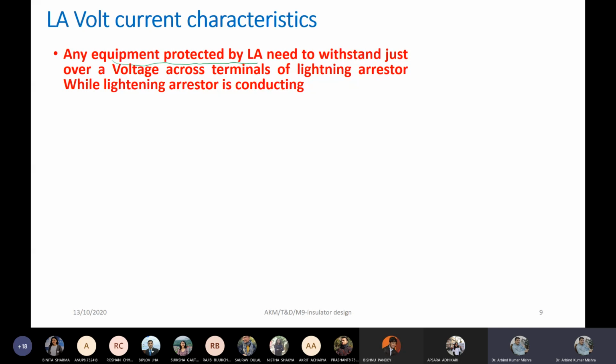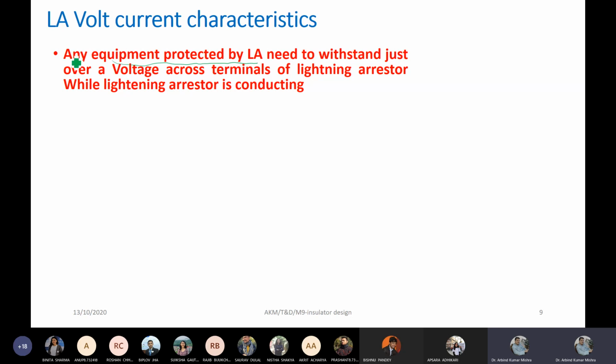In fact, the aim is to protect the insulation of all the devices connected to the line. In an overhead line, the transformer and the line itself are connected, because many times the line has to be stepped up or stepped down along the way from source to consumer end. So it is also designed to protect the transformer insulation as well as the line insulator.